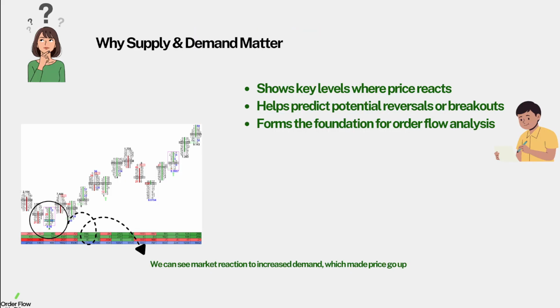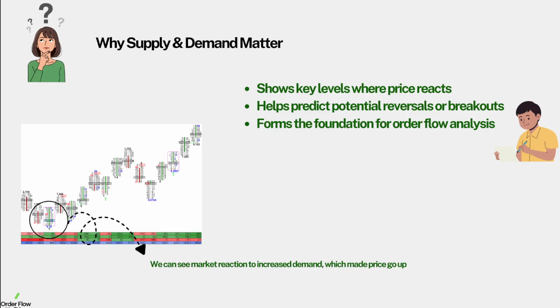So why do they matter? First of all, they show key levels where price reacts. When you go to a certain level, maybe at the top or the low of a swing, you can see the price react when it reaches that level, maybe through delta, imbalances, or stacked imbalances, and it helps predict potential reversals or breakouts.